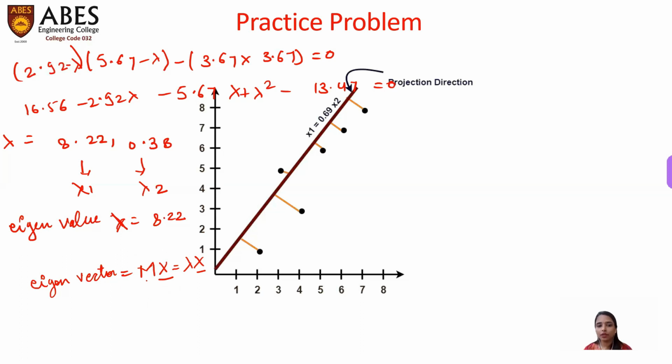So here we have the value of M and the value of lambda, and with these two values we can calculate our eigenvector X. The value of M is 2.92, 3.67, 3.67 and 5.67.